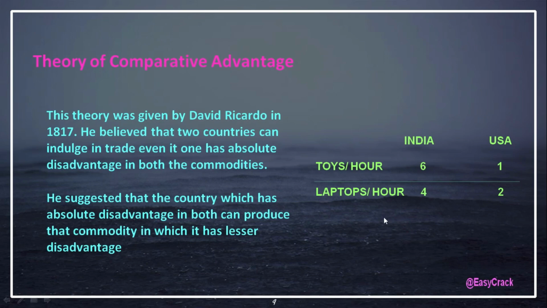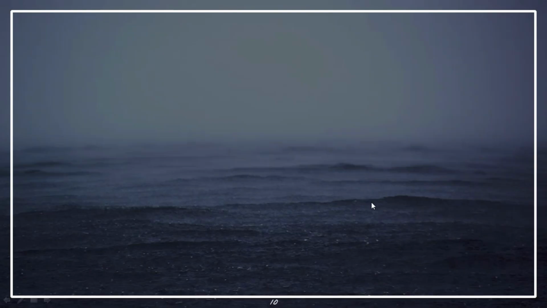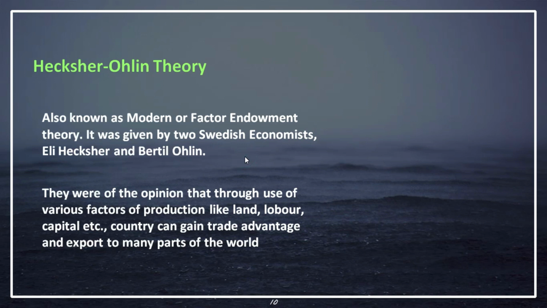Now, when we talk about the last theory, it is the Heckscher-Ohlin theory, and it was given by Eli Heckscher and Bertil Ohlin. They were both Swedish economists, right? So this theory is also known as the modern or factor endowment theory. Remember, the other name of the Heckscher-Ohlin theory can be asked in the exam.